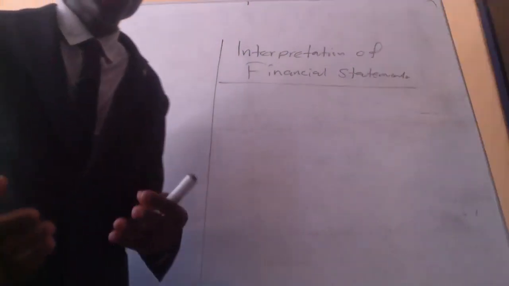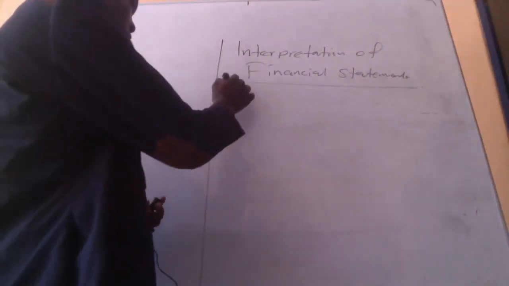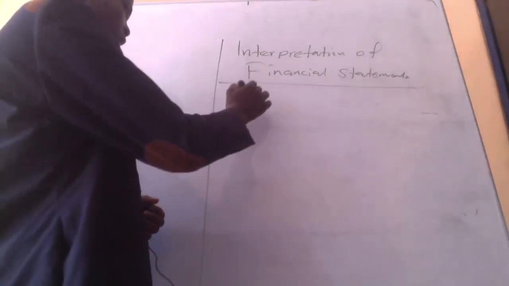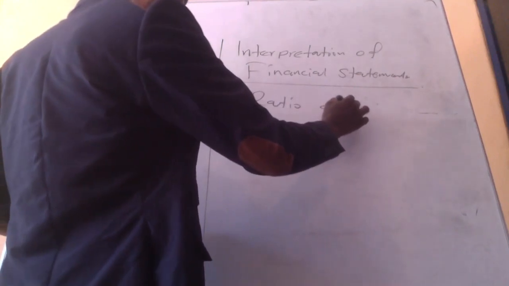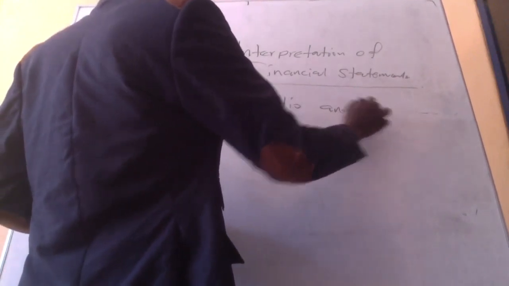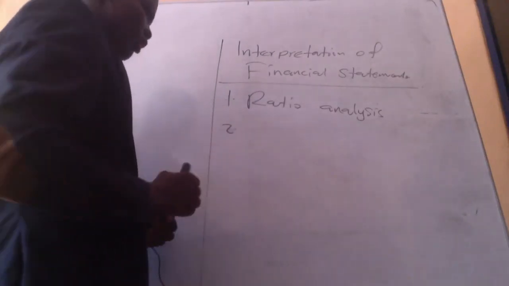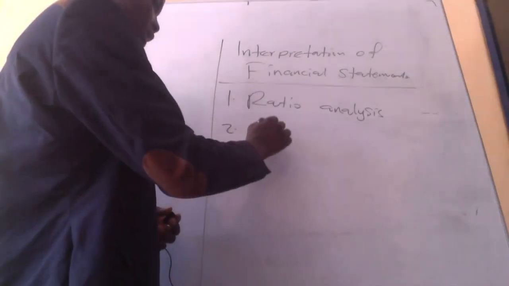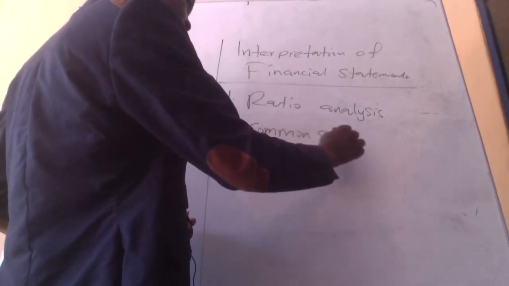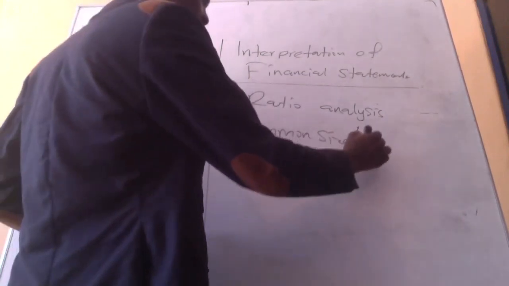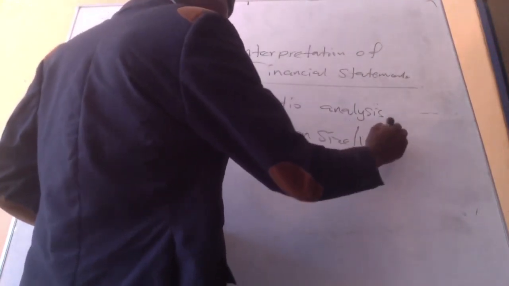I'll probably walk you through three common ones. The very first one on the list is ratio analysis. Good. Then you can also use what you call common size, the so-called vertical analysis, because it's straightforward.